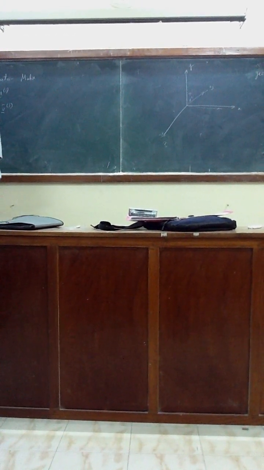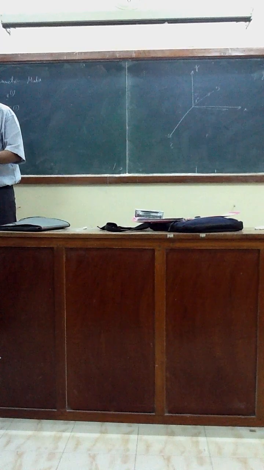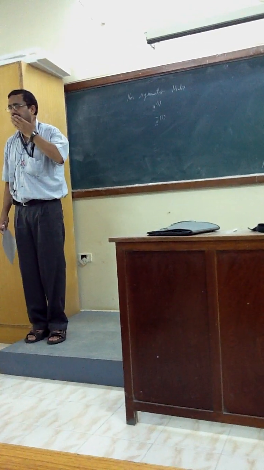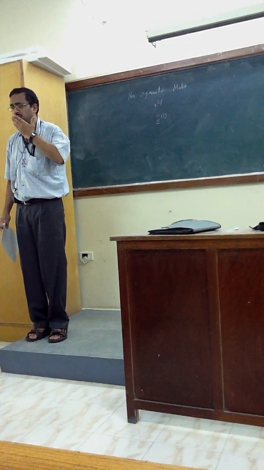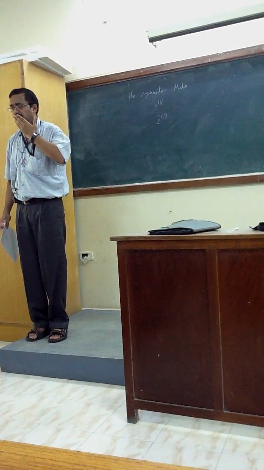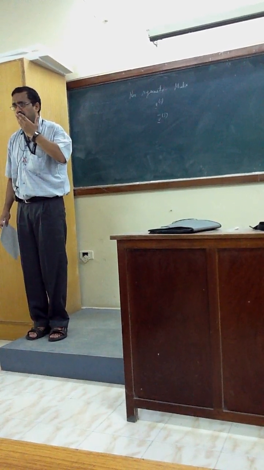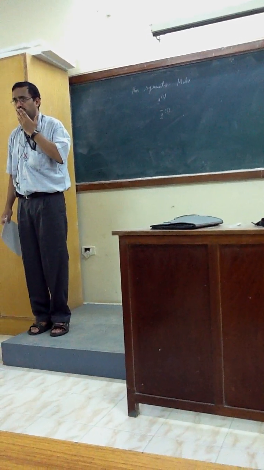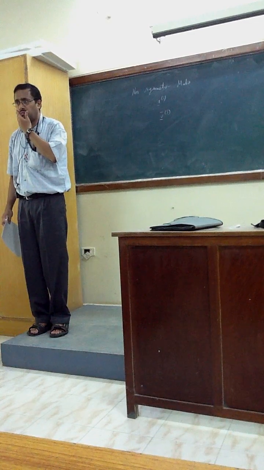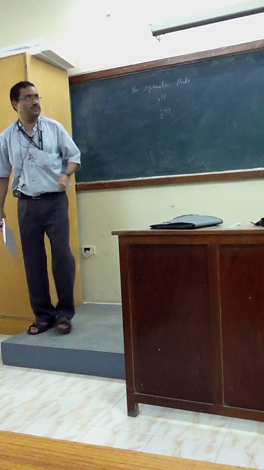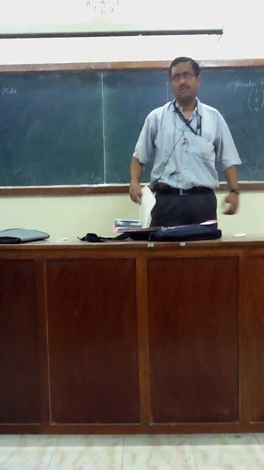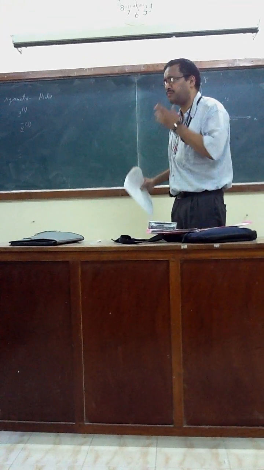So how to get a perpendicular relationship? Any idea? I have given the statement. How to get it? They won't be perpendicular. What is the statement actually given in the problem in a mathematical form?